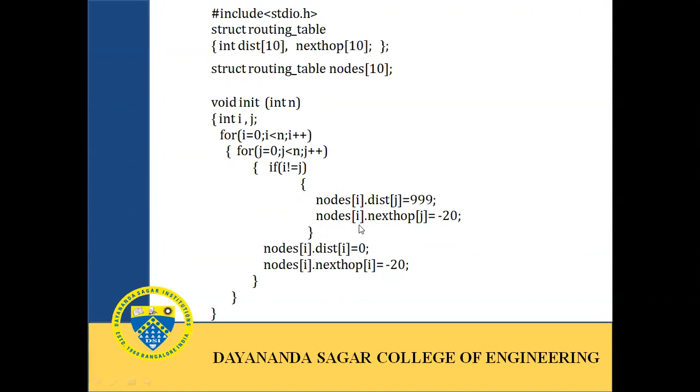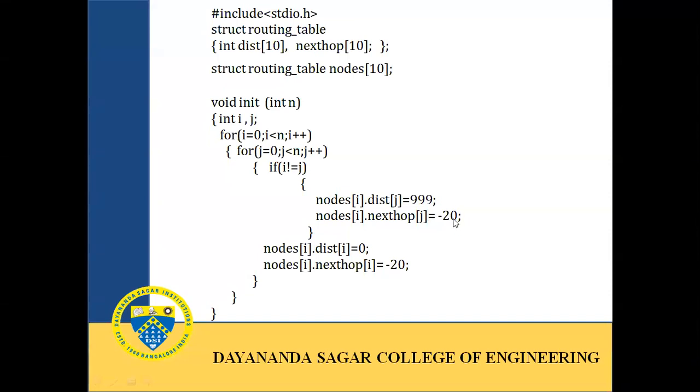The distance is 0. If the distance is to a neighboring node, then we are initializing it to the maximum value. So 999 indicates the infinity value to indicate that right now there's no path. But once the nodes start sharing the table, then the proper update happens. So initially it is the infinity value and later it gets updated.